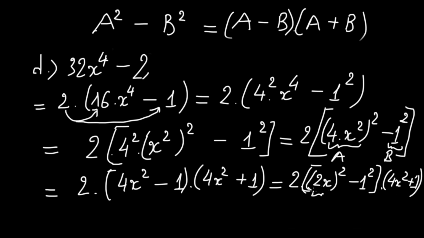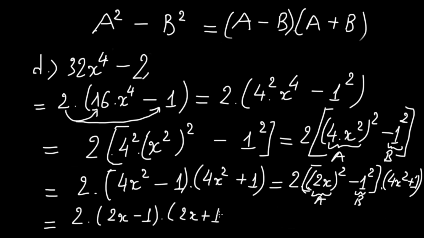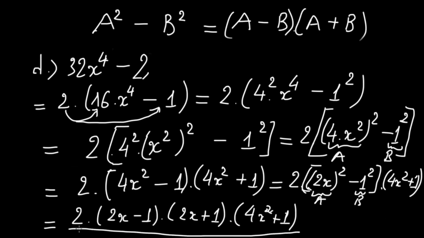This one has the form again, a squared minus b squared, and this 2x is a, and then 1 is b again. We can rewrite as 2 times a minus b, which is 2x minus 1, times 2x plus 1, which is a plus b again, and times 4x squared plus 1. And we see this one is the final answer for question D.